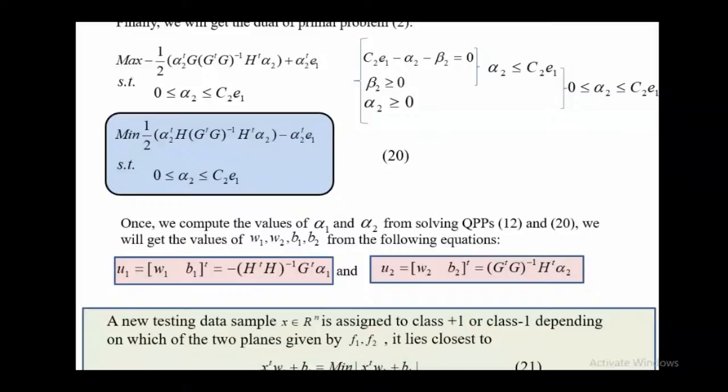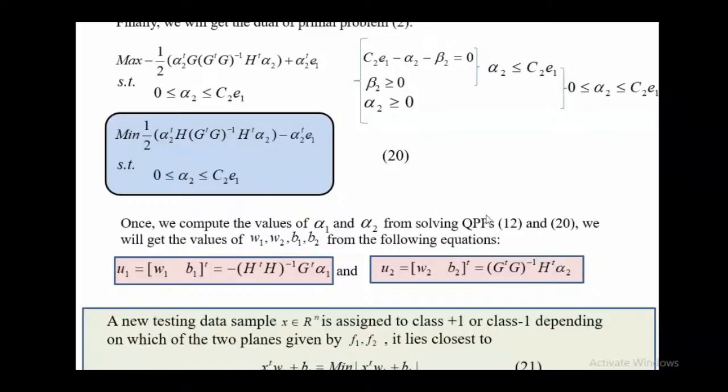You just compute the distance from the F1 hyperplane and the F2 hyperplane, and whichever is closest decides the class. If the point is nearest to hyperplane 1, or F1, the class label will be plus 1, because it is the positive class.